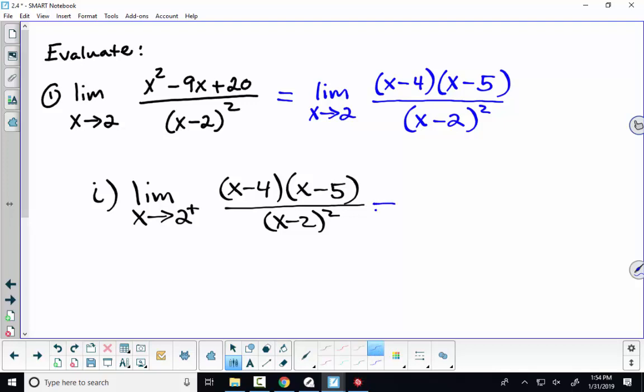All right, as x approaches 2 from the right, what is the numerator approaching? Yeah, the whole function would, yeah. But the numerator itself, as x approaches 2, there's no issue with the numerator, is there? No, so this is 2 minus 4 times 2 minus 5.